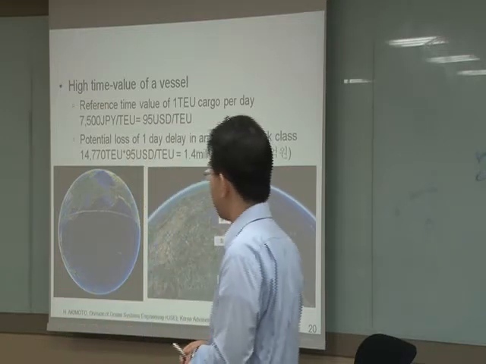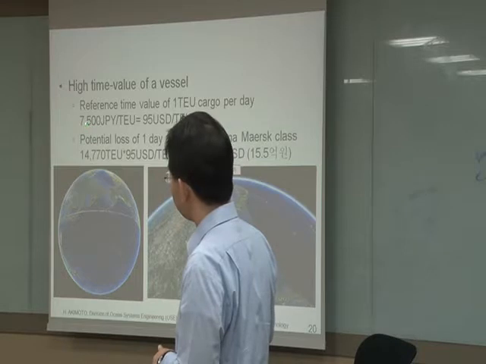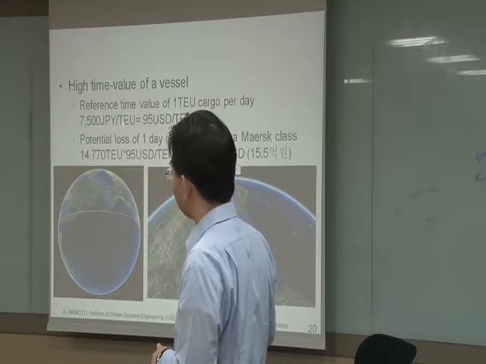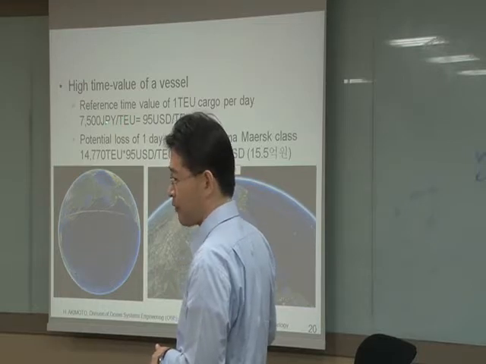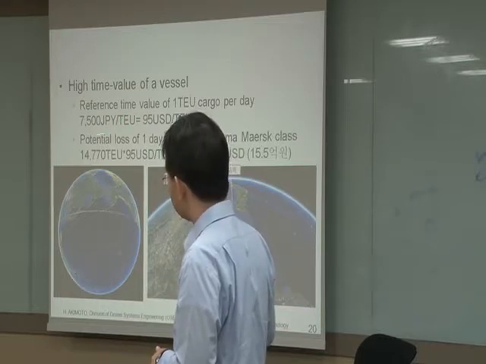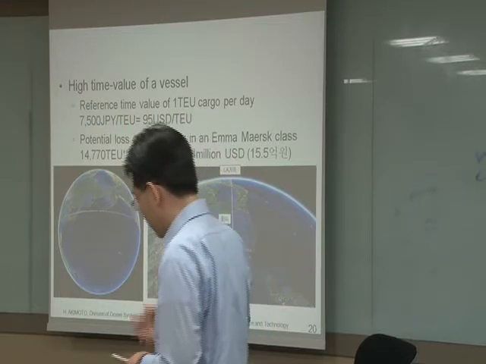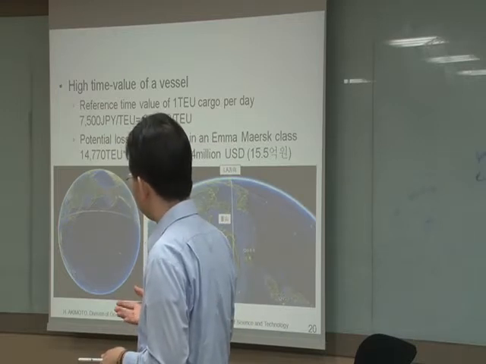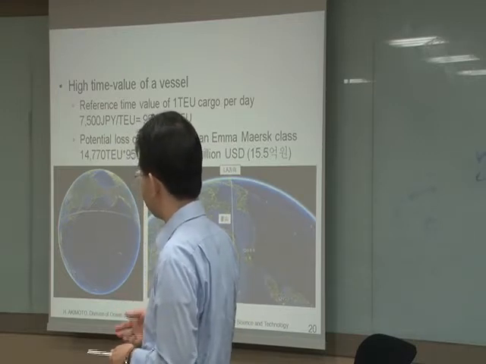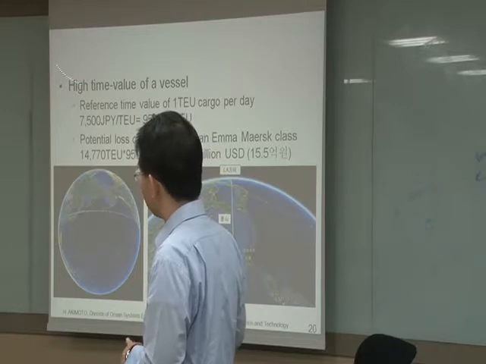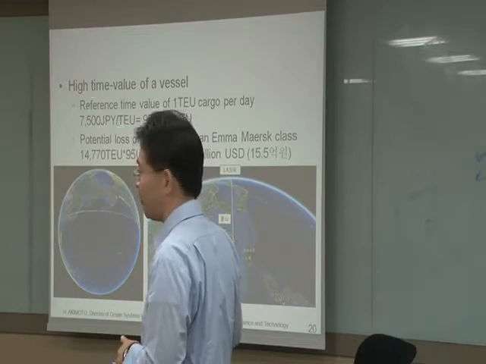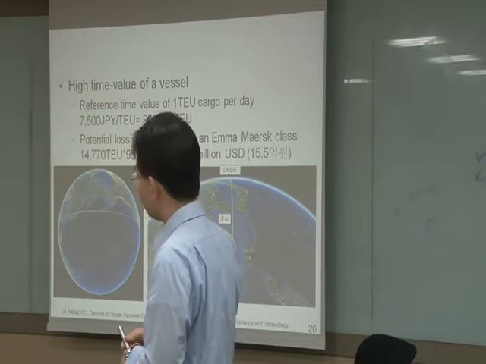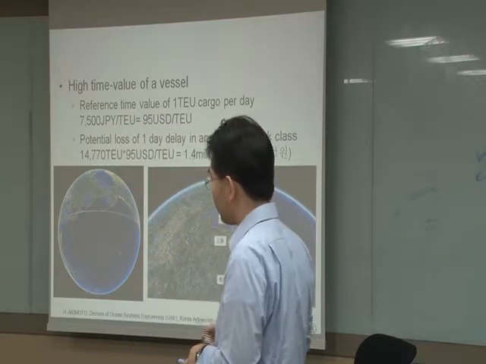But one difference is 7,500 Japanese yen per TEU. This is if one day delay happens, it will lead to the loss of this amount per TEU. So this is only difference value.